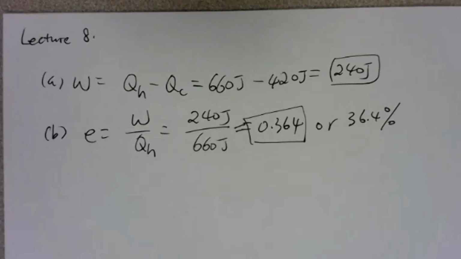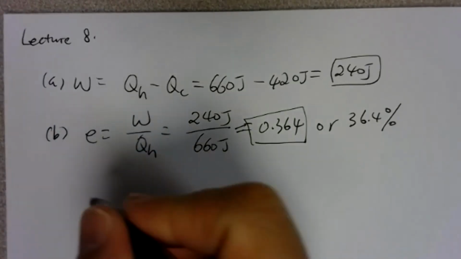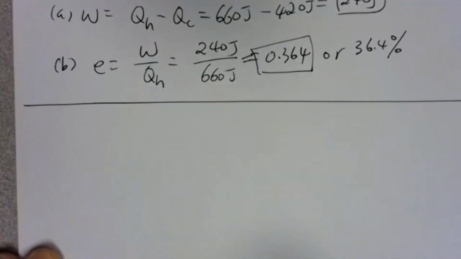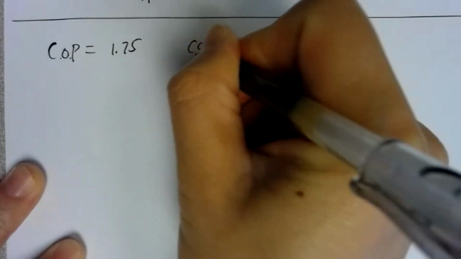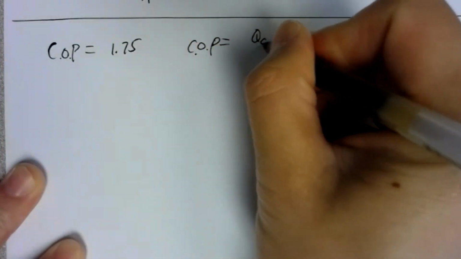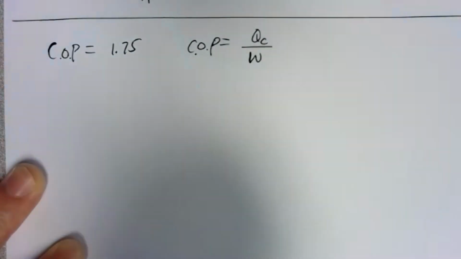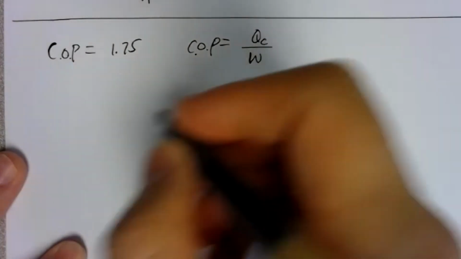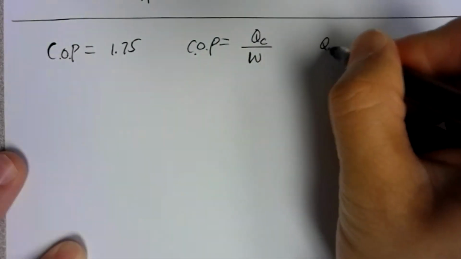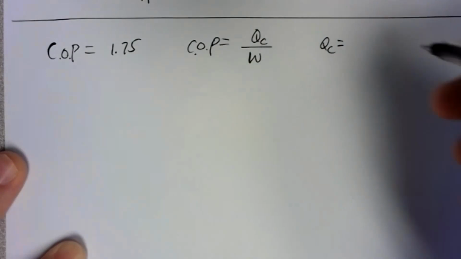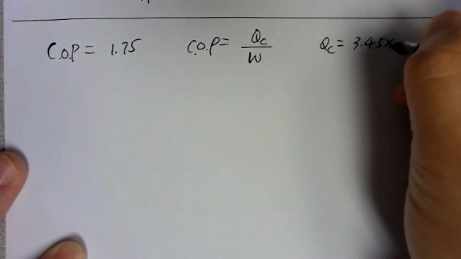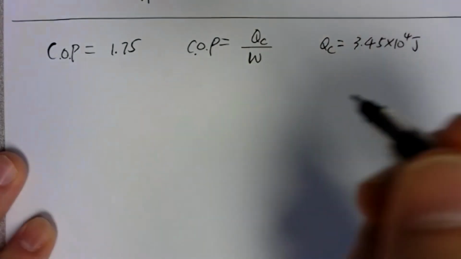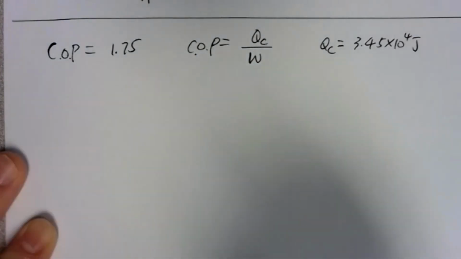It says its coefficient of performance is 1.75. So COP equals 1.75, and we know COP is defined as QC, the heat it can take out, divided by the work needed. QC is what it absorbs, that much. It's asking for how much mechanical work.